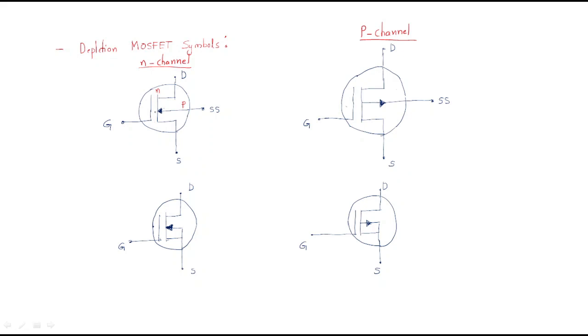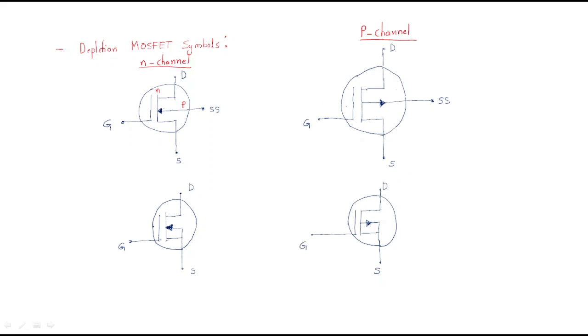Why is there no connection? No connection means there is insulation between the gate and the channel. But the source is connected to the source terminal, and the drain is also connected to the n type material. Here the substrate and the source are both separate.